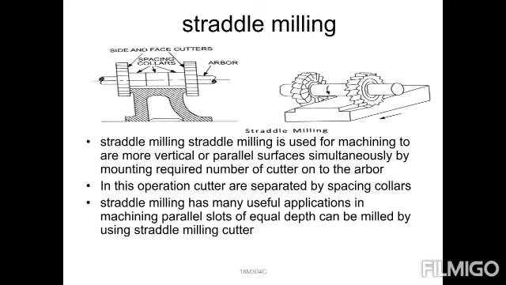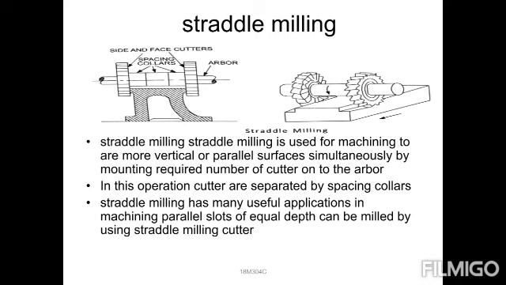So here both vertical and parallel surfaces, on two sides, we can observe material being removed simultaneously. In this operation, cutters are separated by the spacing collars. Straddle milling has many useful applications in machining. Parallel surfaces of equal depth can be milled using straddle milling, right?